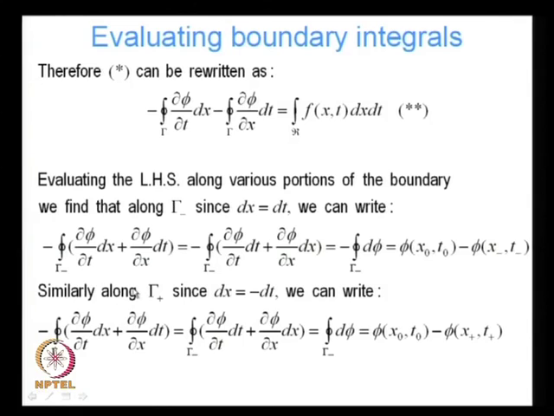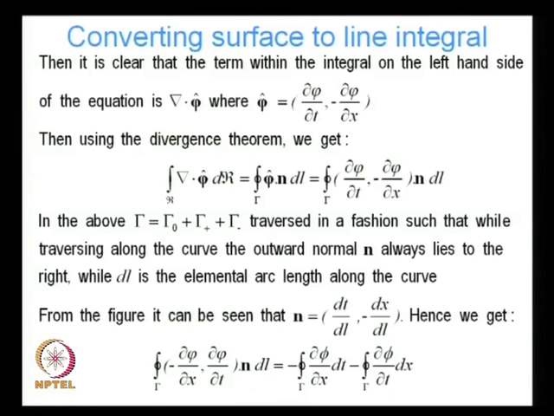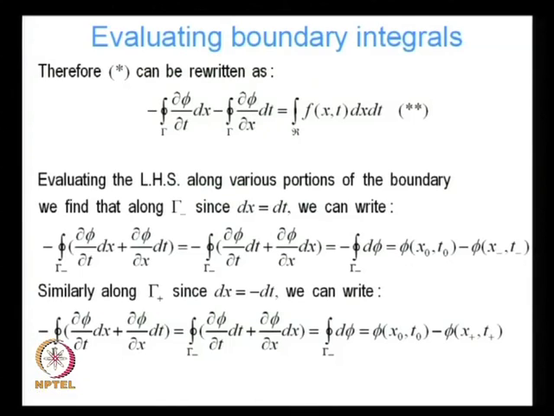Similarly, along gamma plus, we can see that along this line dx is equal to negative dt, because as t increases x decreases, and the slope is 1. So, dx is equal to minus dt, and again we replace dx by minus dt and dt by minus dx, and eventually we end up with an integral, again a total derivative of phi along gamma plus.